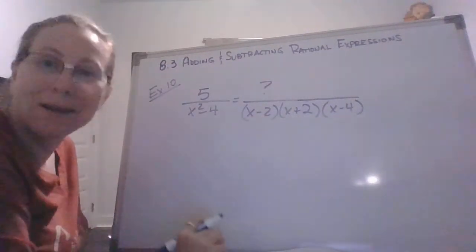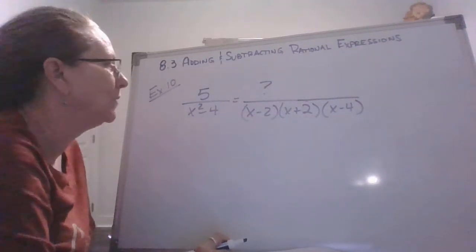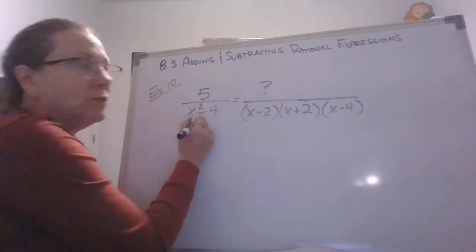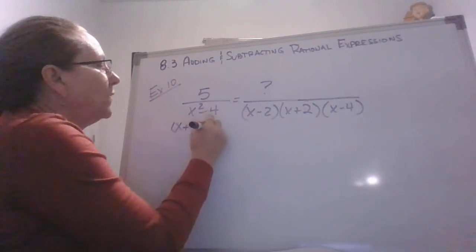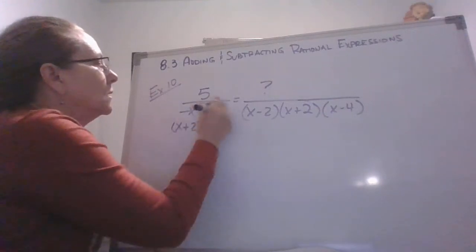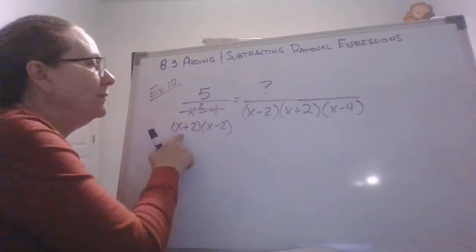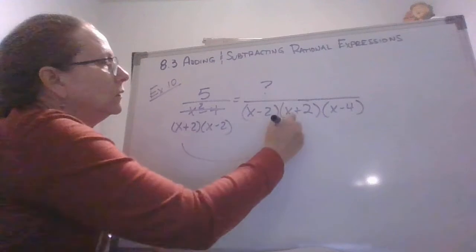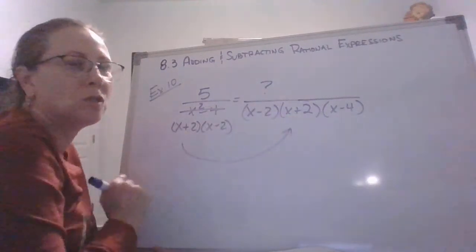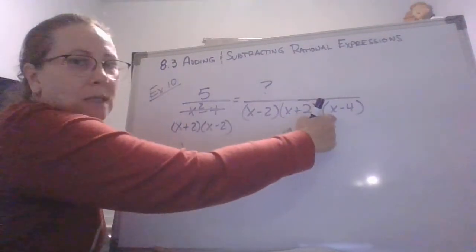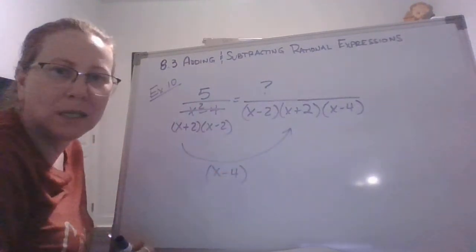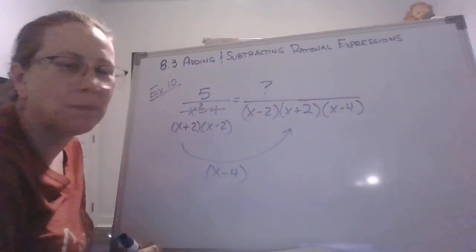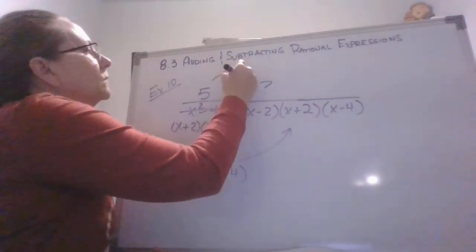Well, luckily you didn't have to factor anything out to get that denominator. This one we do have to factor the difference of 2 squares. So a difference of 2 squares factors into conjugates. Now, we have an x plus 2. We have an x minus 2, but we don't have an x minus 4. So that's what needs to be multiplied in the numerator.